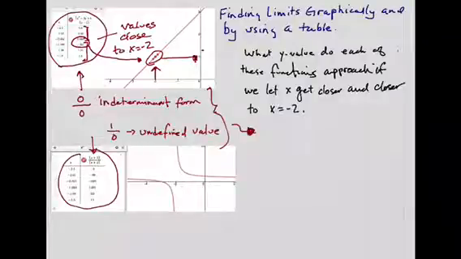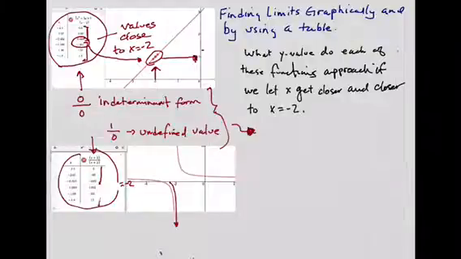Now, looking back down at the other function, as I approach from the left-hand side of negative 2, my values are going farther and farther in a negative direction. They're going down here.